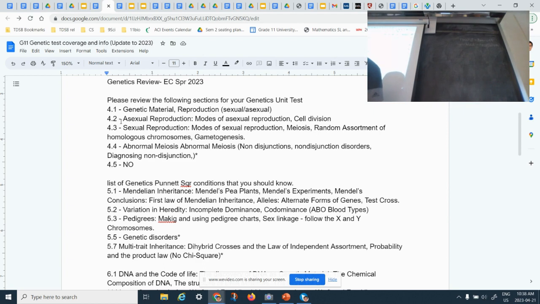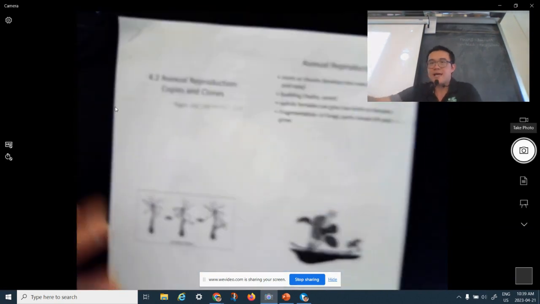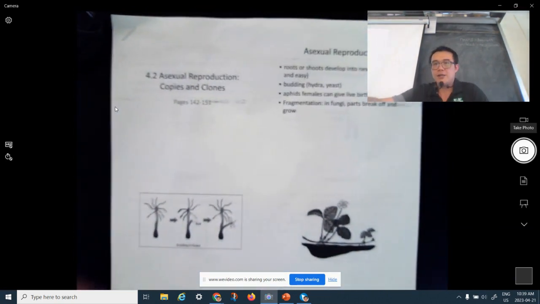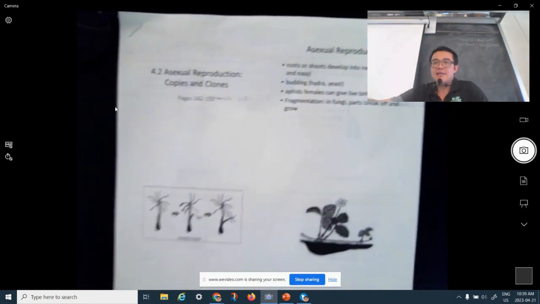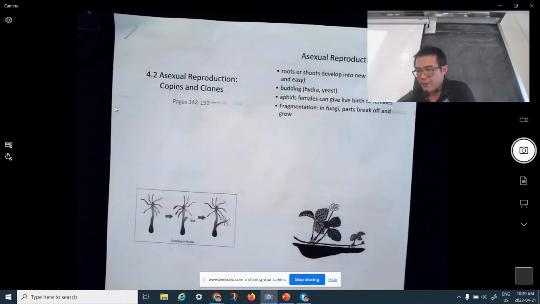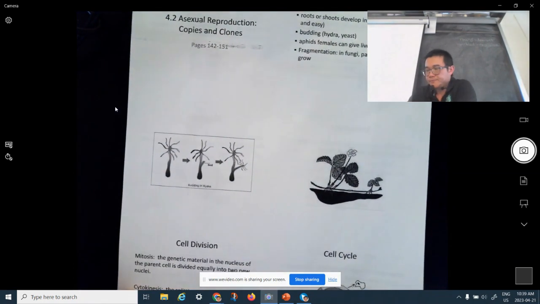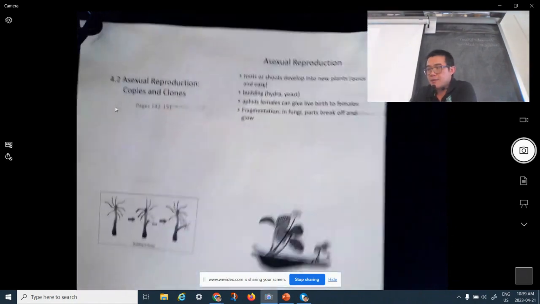Let me look back at this first. Okay, asexual reproduction, you should have a handout on this. A lot of it is very familiar.